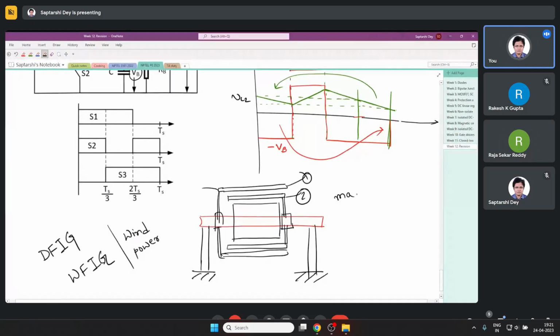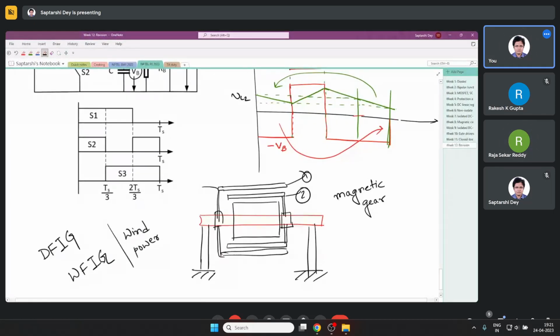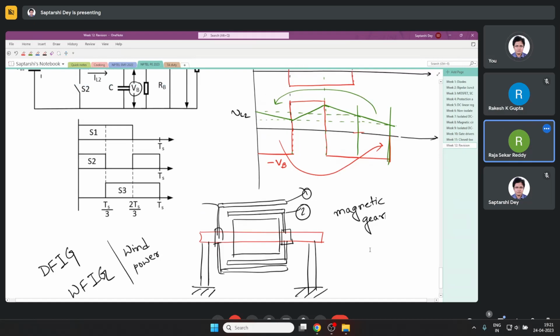So that is called a magnetic gear. So this is my PhD topic actually. I'm working on this magnetic gear.